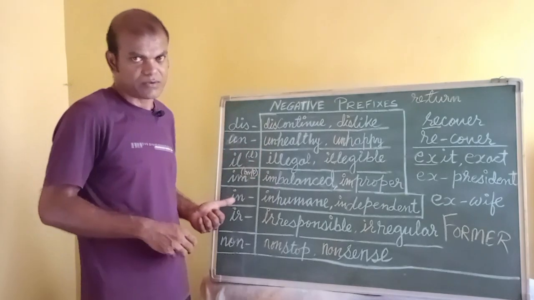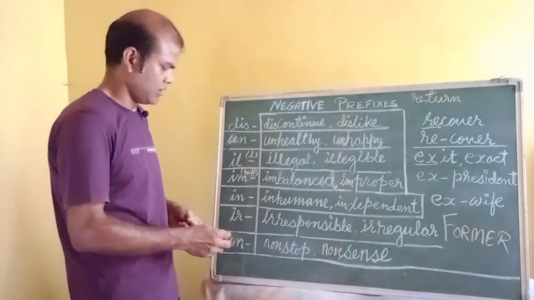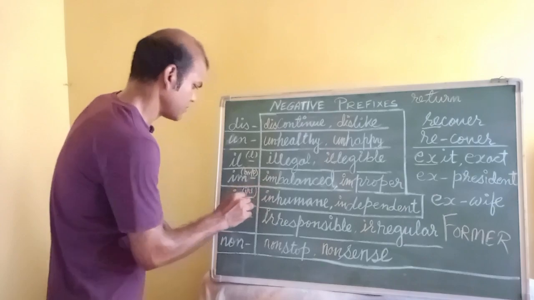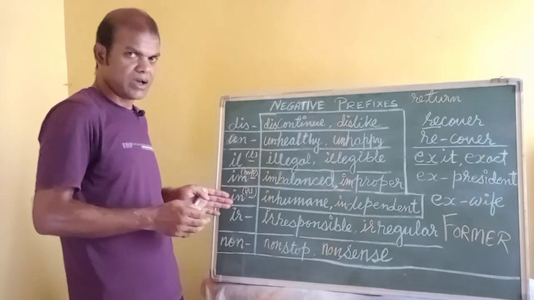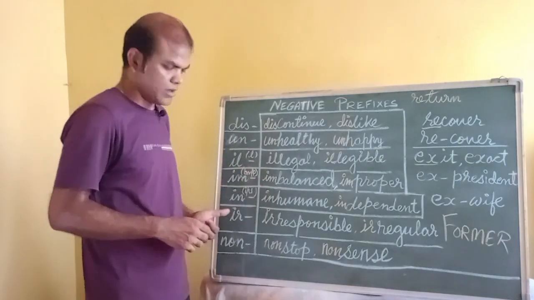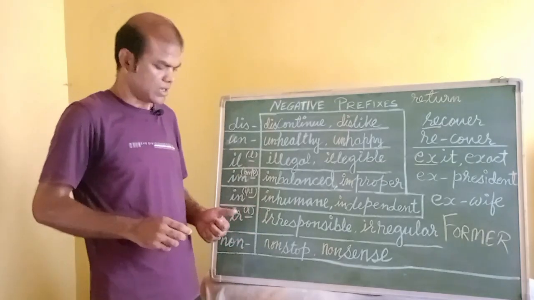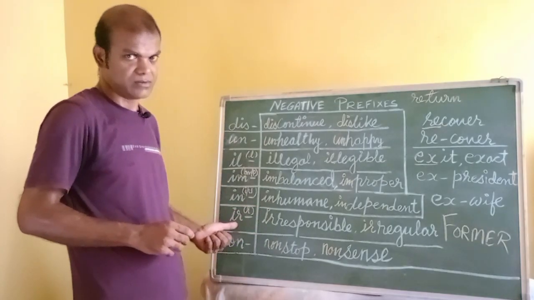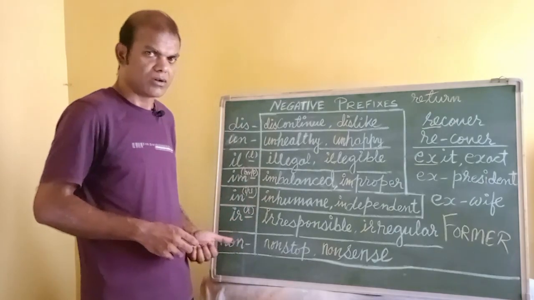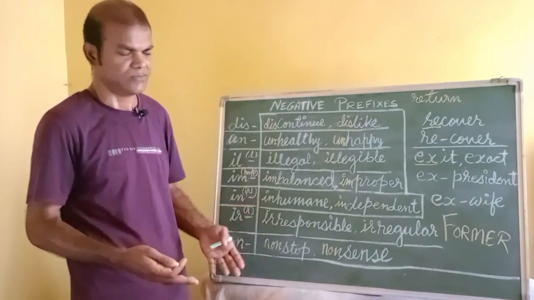Now in we are going to use with any letter which begins a word except I or U. A word which is starting with I or U, you are not going to see the in at the beginning of that word. Ir, if the word is starting with r, we'll use the prefix ir to make a new word. Now non is a negative word. It is straightforward. No, non.